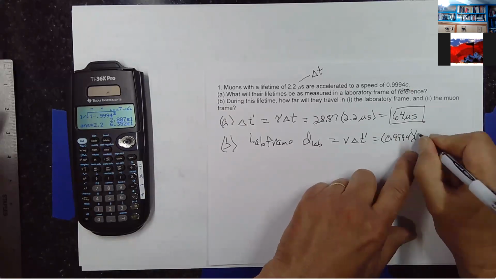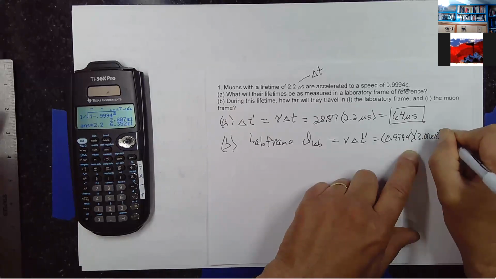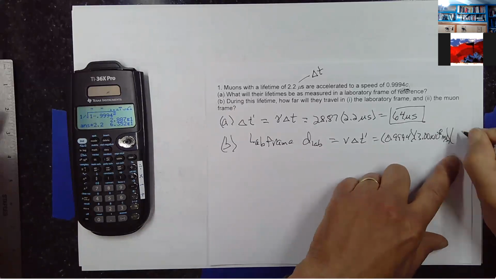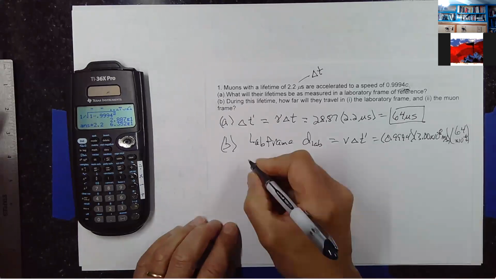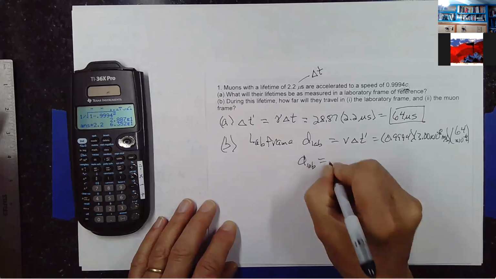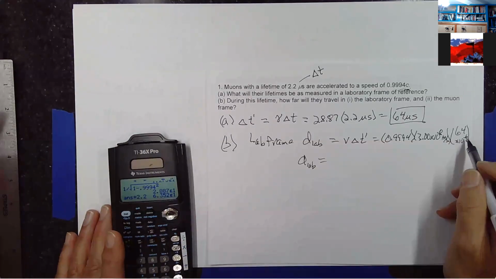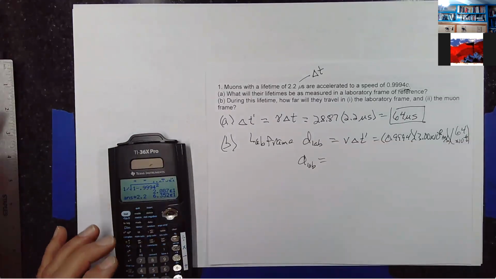And then 3.00 times 10 to the 8th meters per second is good enough for that. And then 64 microseconds times 10 to the minus 6 seconds.